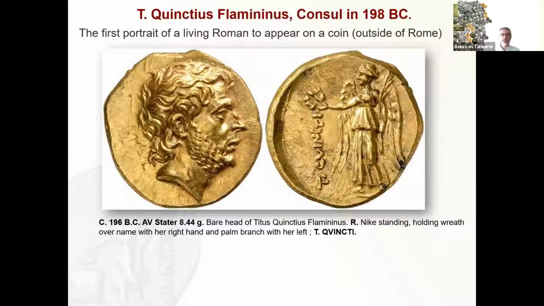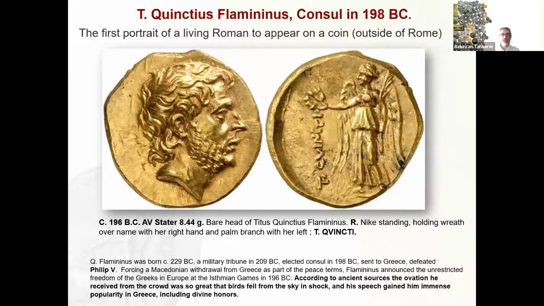This is Titus Quinctius Flamininus. Apparently, he was a consul in 198 BC, sent to Greece, defeated Philip V, forcing a Macedonian withdrawal from Greece as part of the peace terms.